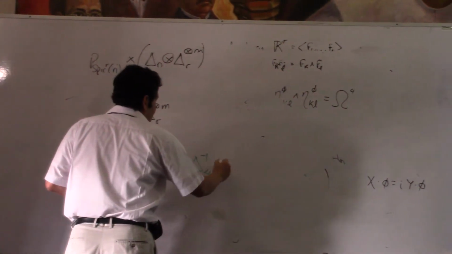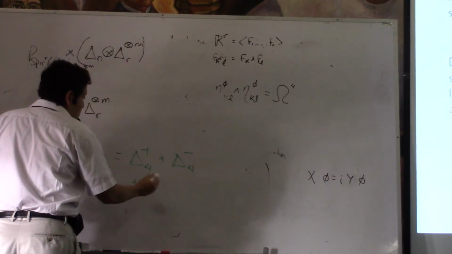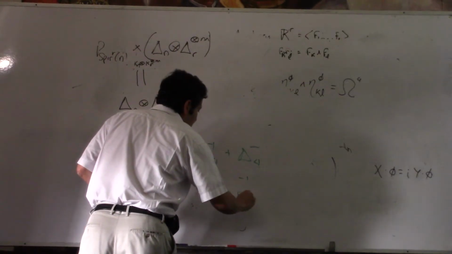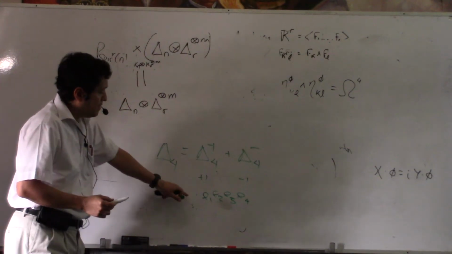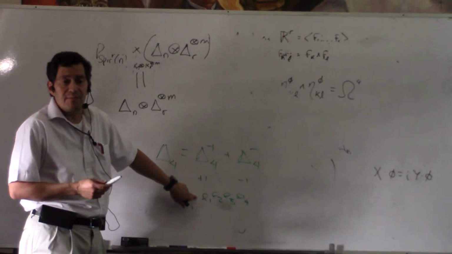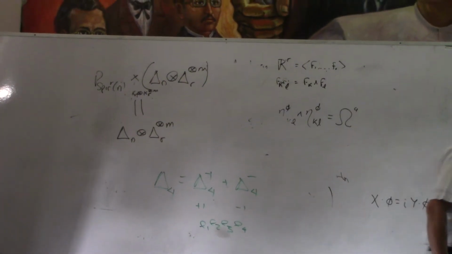Let's say delta 4 splits into this and this, which is the +1 eigenspace and the -1 eigenspace of an involution, which is Clifford multiplication by the volume form. Okay, so you have positive and negative.